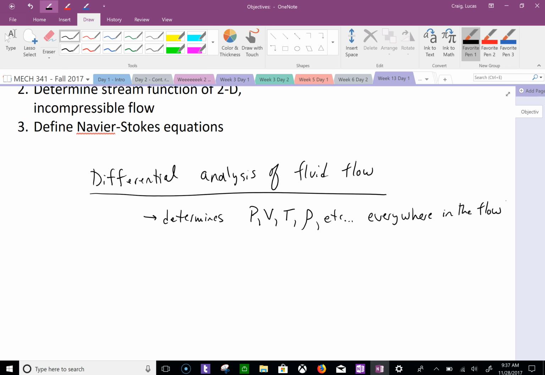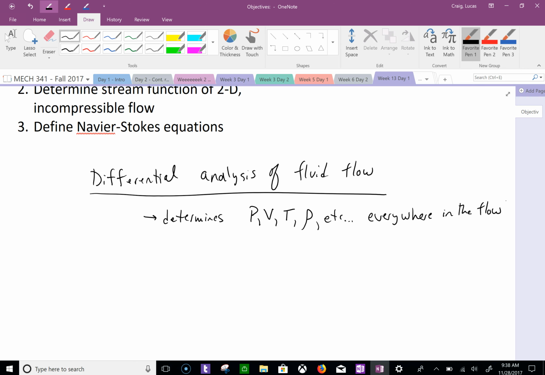Okay, a lot of the times, if you're not really doing research, you won't need a whole lot of this, but this is very important, especially if you want to know the details of the flow. So what we need to do is look at conservation of mass in differential form and momentum.